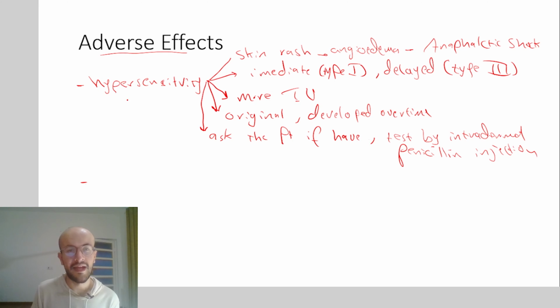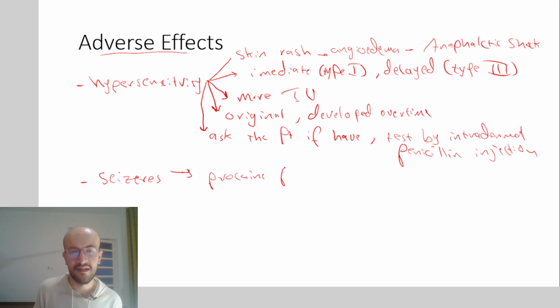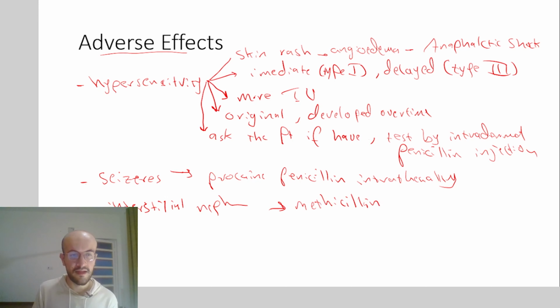Also, as an adverse effect, we might have seizures if we give the patient procaine penicillin intrathecally. So procaine penicillin intrathecally might cause seizures. We also might get interstitial nephritis with methicillin.